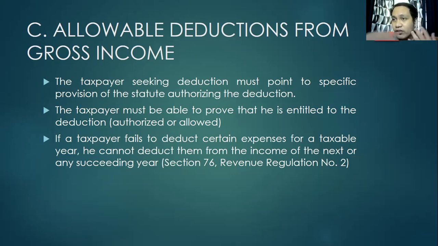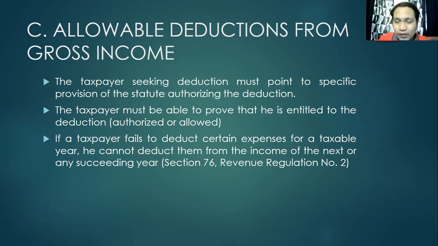So meaning, even if you claim it in your tax return, diba, mapapile ka ng tax return, i-declare mo siya as deduction, then the BIR may assess that tax return whether it is really deductible or not. Because if not, then they will have to deny your request for tax deduction. So that's it. The taxpayer, second, must be able to prove that he is entitled to the deduction.